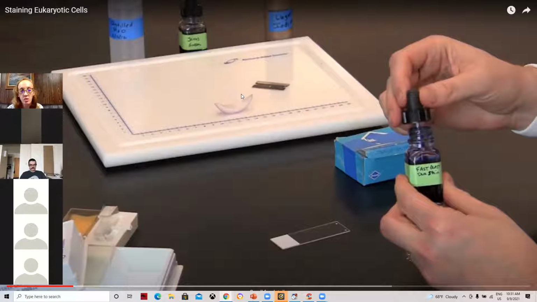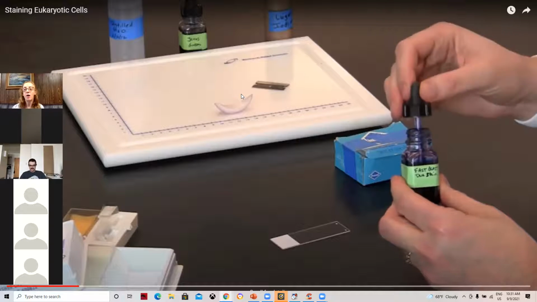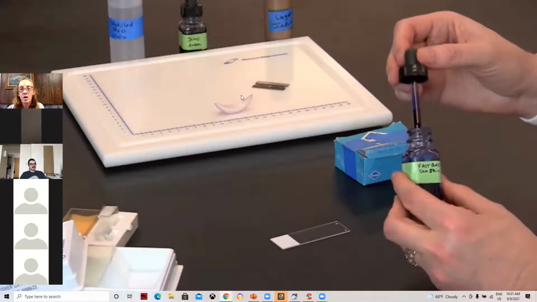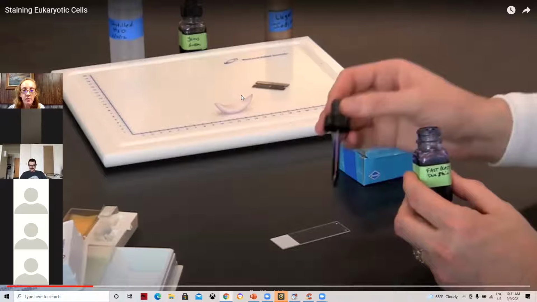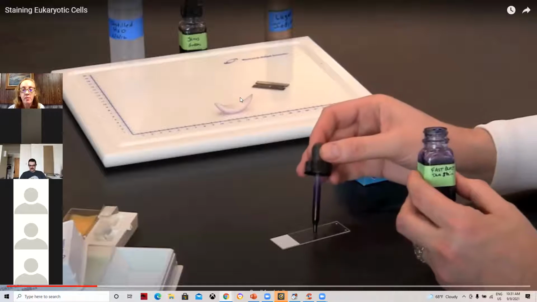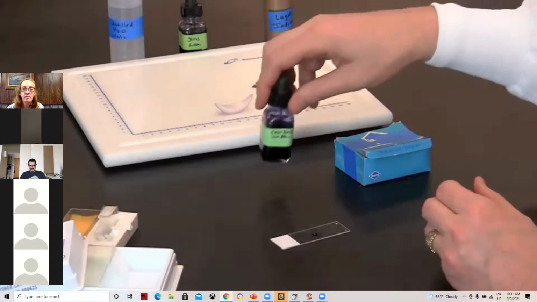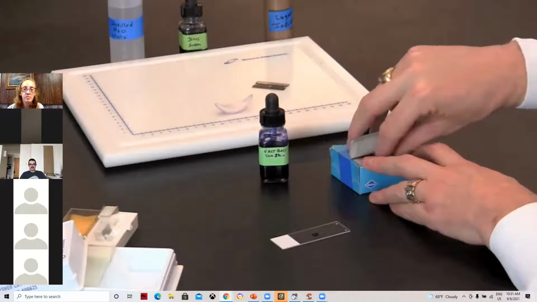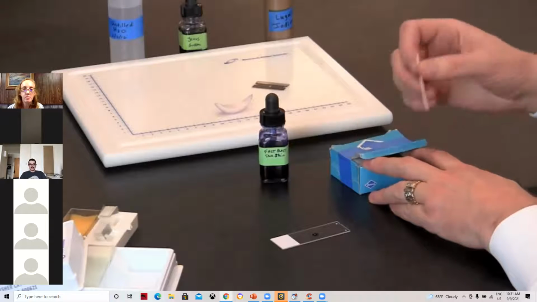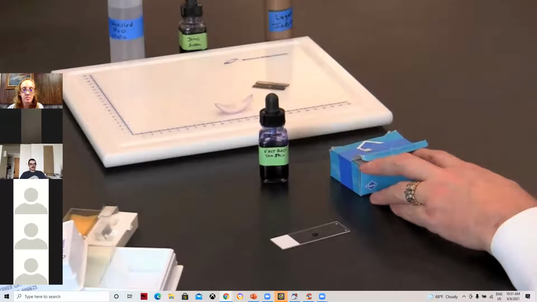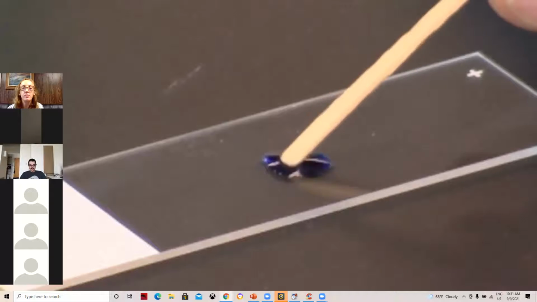If it's too thick, it's not going to work for you because the light has to pass through it. Place a drop of Fast Blast DNA stain on a microscope slide. So a little bit of stain. Use the blunt end of a toothpick to scrape the inside of your cheeks. Place the toothpick into the drop of stain on the slide and swirl it to release the cells into the stain.